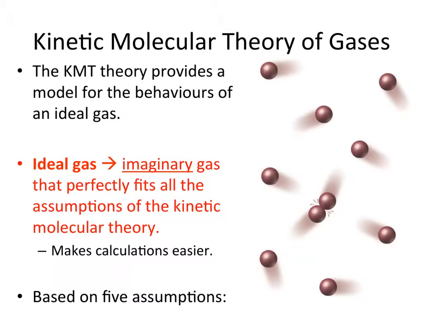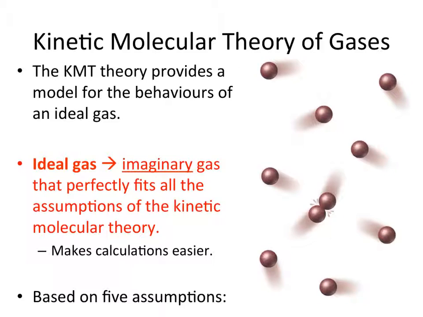So this kinetic molecular theory only applies to something called an ideal gas. The key thing to remember is that an ideal gas does not exist. It's an imaginary gas that fits the assumptions we make. We've created this ideal gas because it makes our lives a lot easier when it comes to calculations of gases.